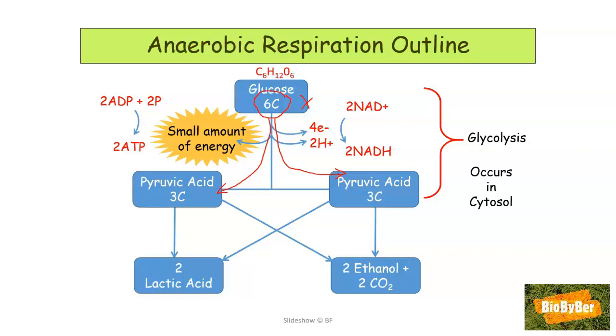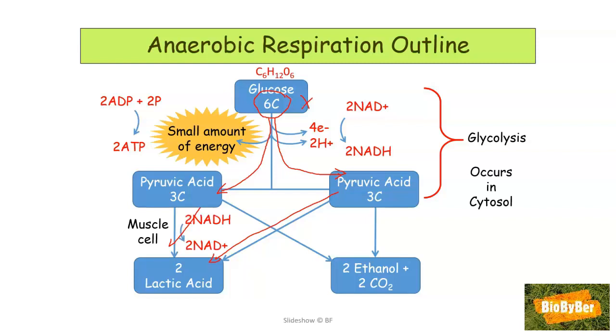Now, what happens to the pyruvic acid or the pyruvate molecule will depend on where the anaerobic respiration is taking place. If the anaerobic respiration is taking place in a muscle cell during a period of intense exercise, then the 2 pyruvic acids will be converted to 2 lactic acids.